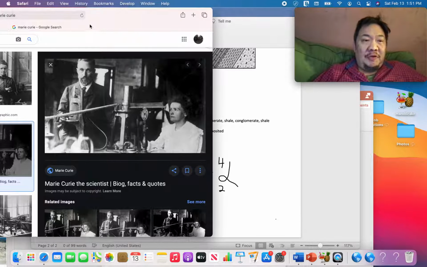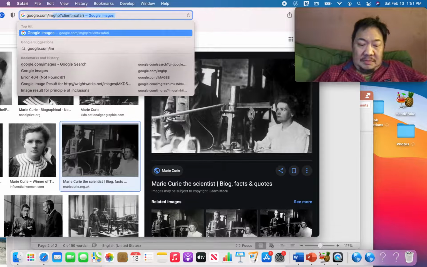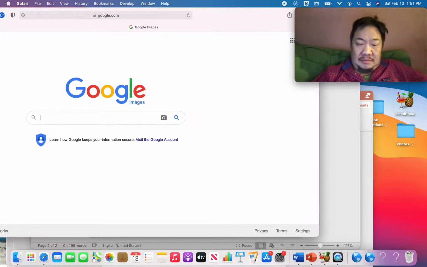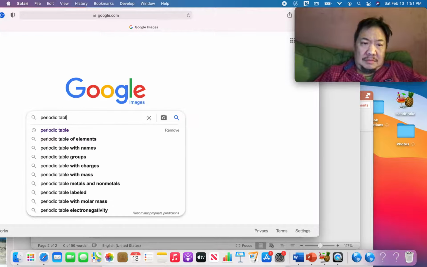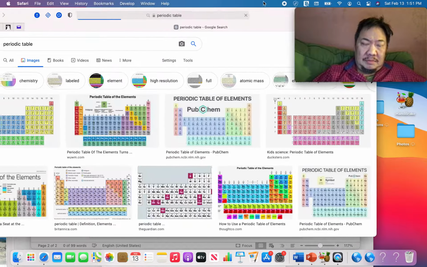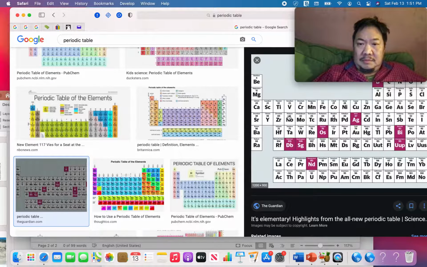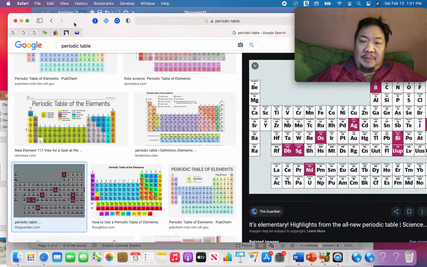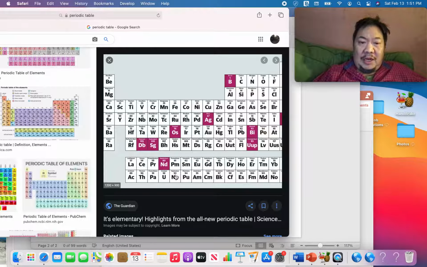If you look at your periodic table, here you can see the periodic table. Uranium has an atomic number of 92. Thorium has an atomic number of 90. What element has an atomic number of 2?